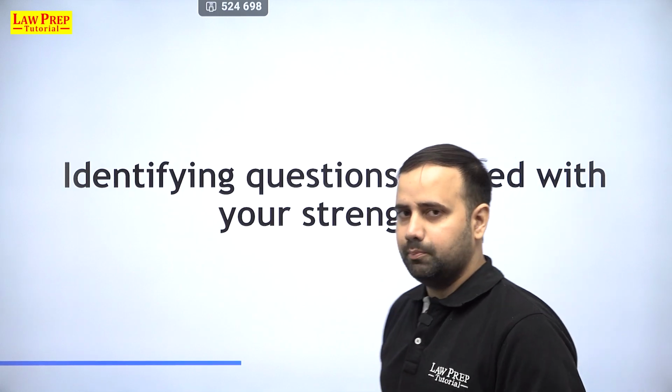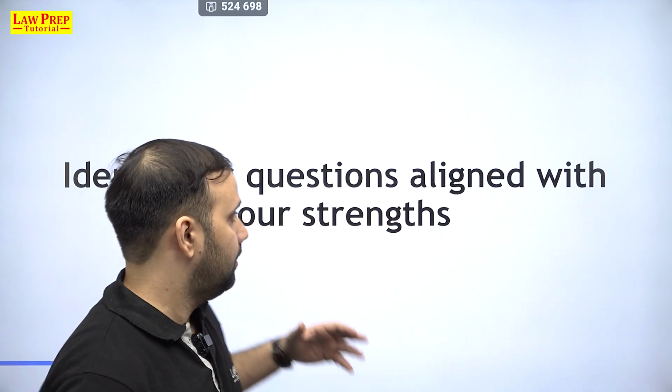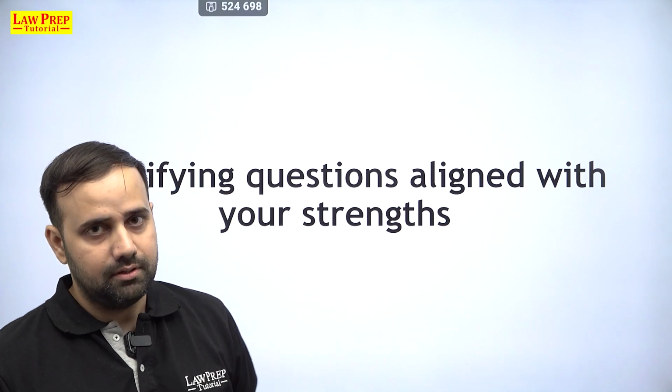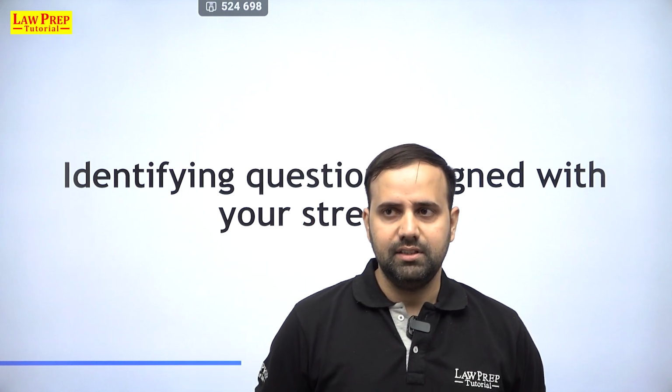The very first point that we have here is identifying key questions. Understand that when you are attempting a mock or CLAT, there are certain questions you can categorize on the basis of your strengths and weaknesses. There could be a topic which is your weak point, or a topic which is your strong point.